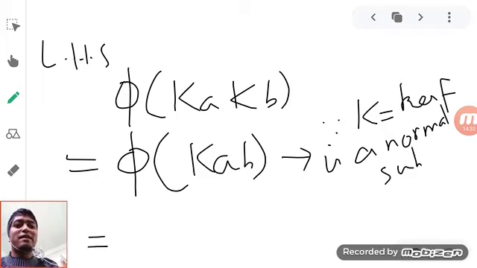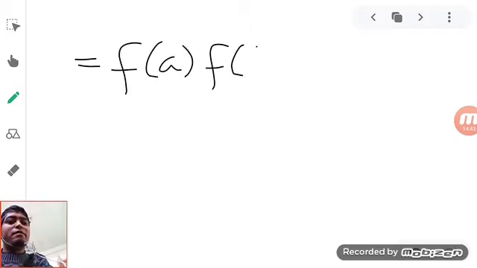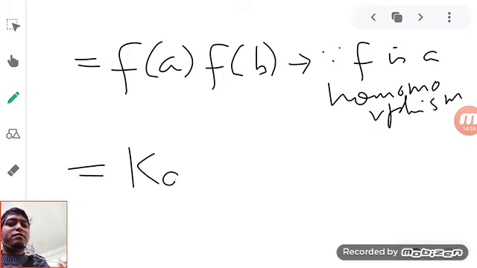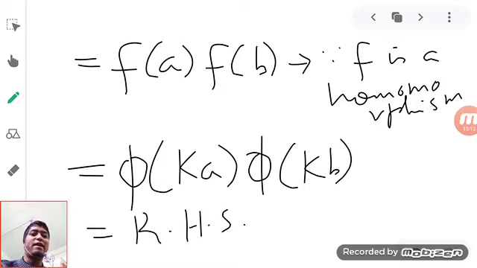So phi(Kg) is equal to f(g), so phi(Kab) will also be equal to f(ab). Actually, we can write this down as f(a) f(b), because f is a homomorphism. So f(a) is phi(Ka), and f(b) is phi(Kb). So it's equal to the right hand side. So that is why phi is a homomorphism.